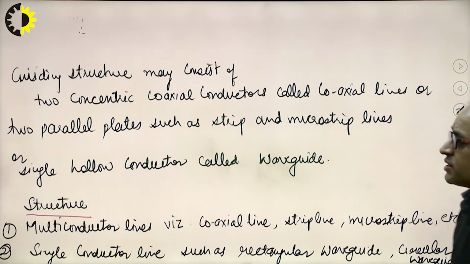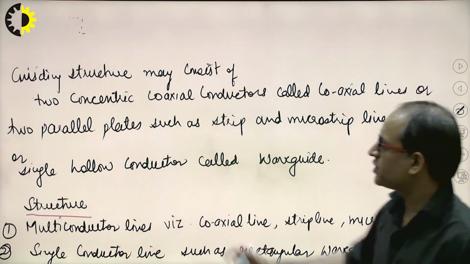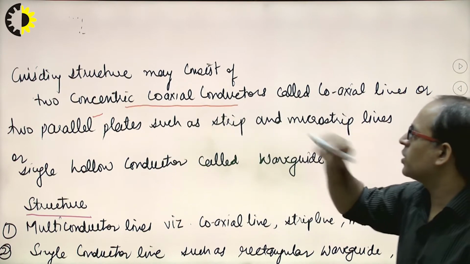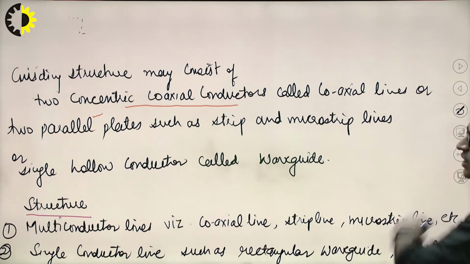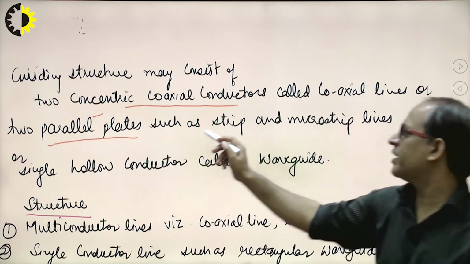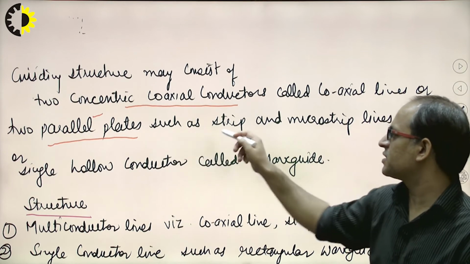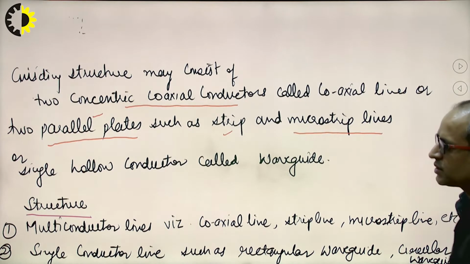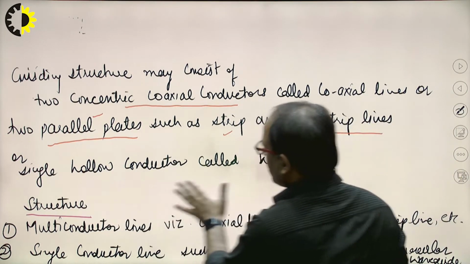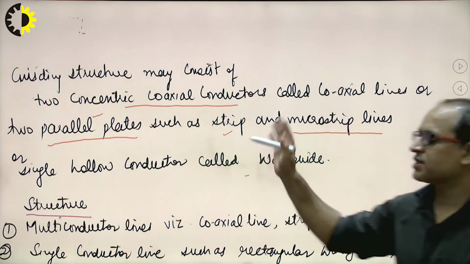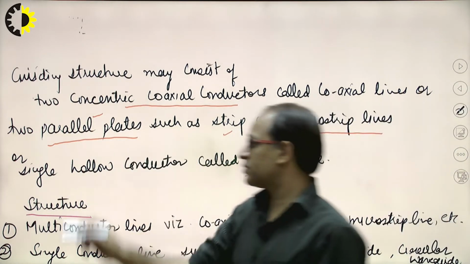This guiding structure may consist of two concentric coaxial conductors, which is known as the coaxial line, or two parallel plates such as stripline and microstrip lines, or the third one is a single hollow conductor called a waveguide. Clear? So this guiding structure may be of three types.